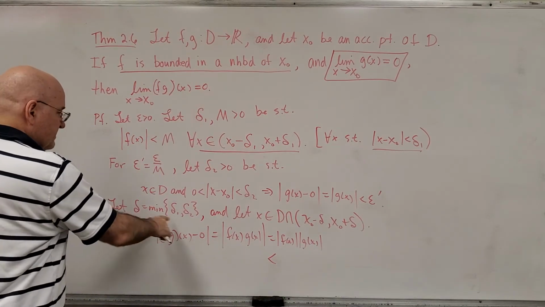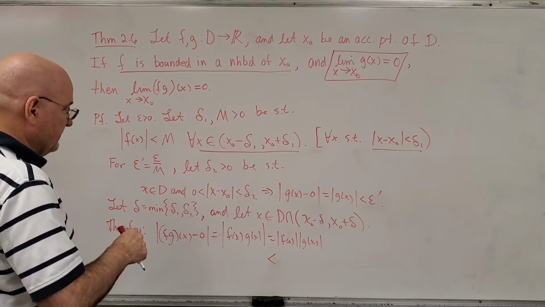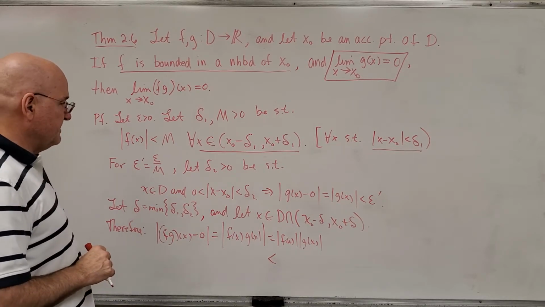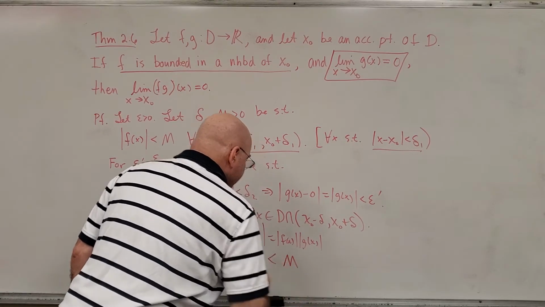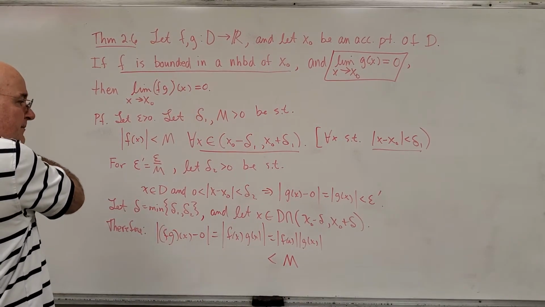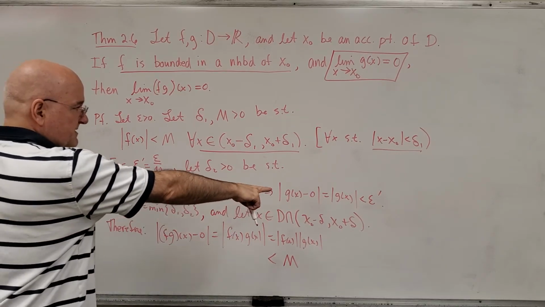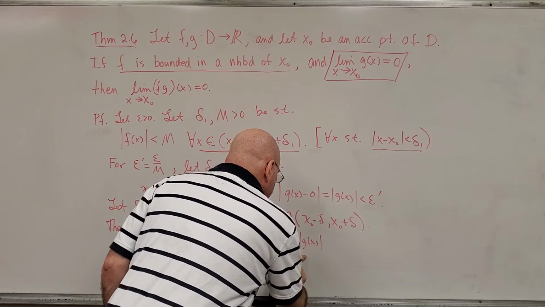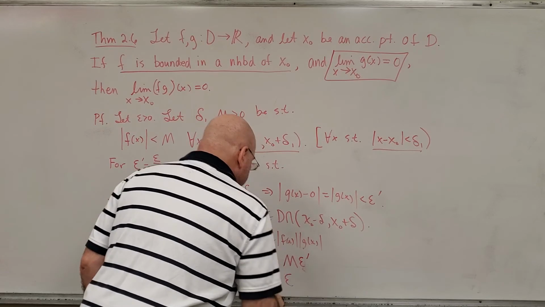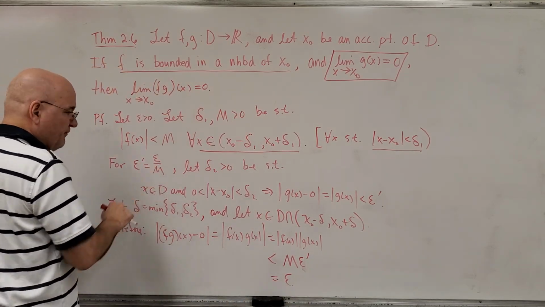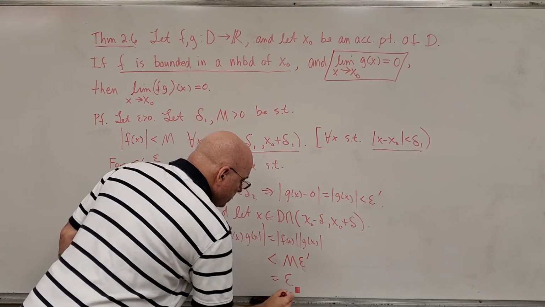But since x is within delta, which means within delta 1 and delta 2 of x naught, the absolute value of f of x is less than M. F was the bounded function. And the absolute value of g of x is less than epsilon prime. And that happens to be M times epsilon over M, which just gives us epsilon. And that's the end of the proof.